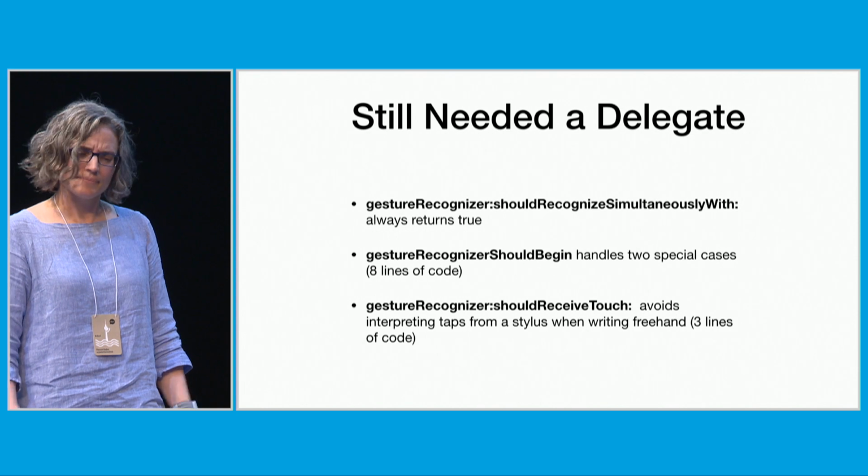All right. We still did need a gesture delegate, and that's our view controller. And we still actually need all three of these methods, but they became a lot simpler. At some point in this whole adventure, some of these methods had become rather complicated in their logic. But now our should recognize simultaneously method simply returns true all the time. We just always let all the gestures through.